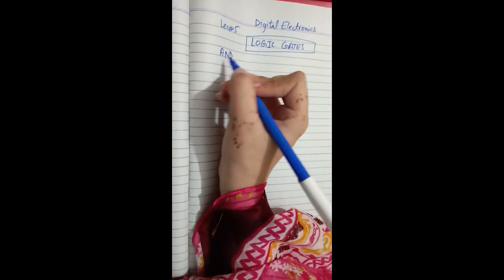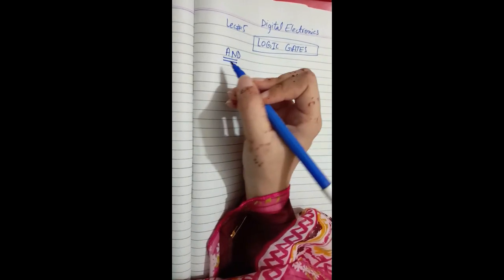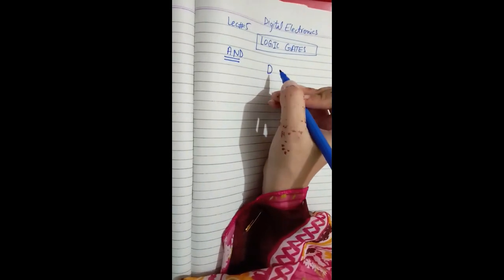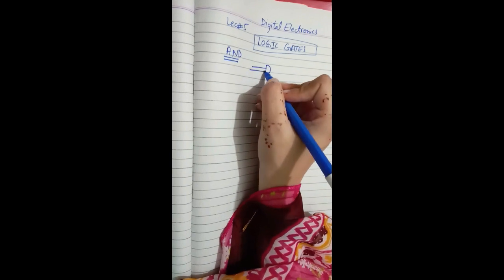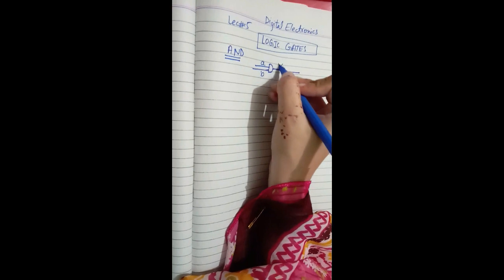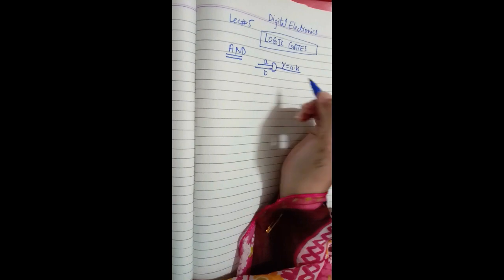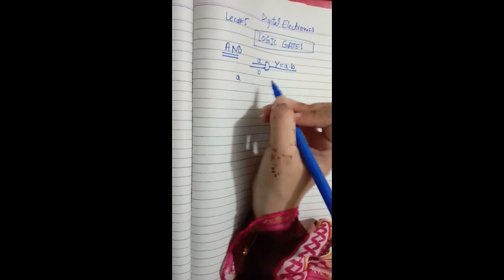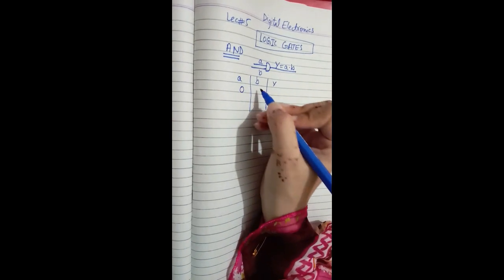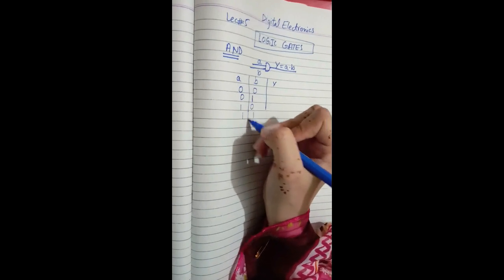The gate AND says that we will multiply our two numbers. First we will see its symbol. These are our inputs A, B, and the final output we have is Y, which is equal to A dot B. Simple dot multiplication. So A, B, and the result is Y. We have 0 0, 0 1, 1 0, 1 1.